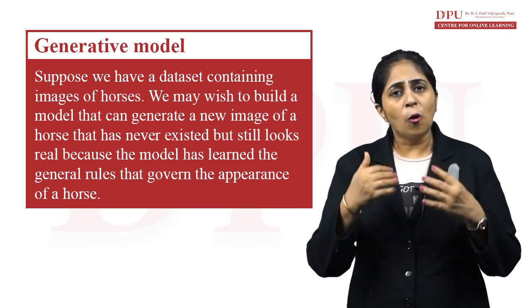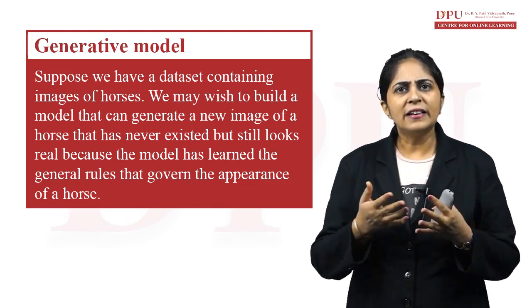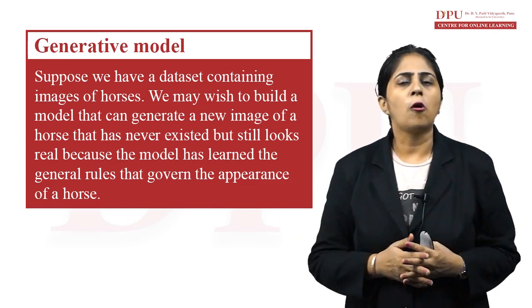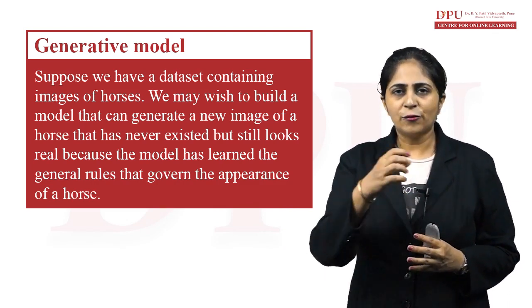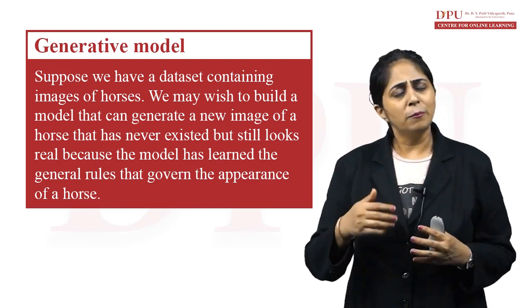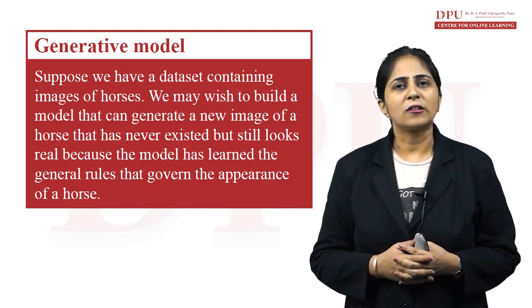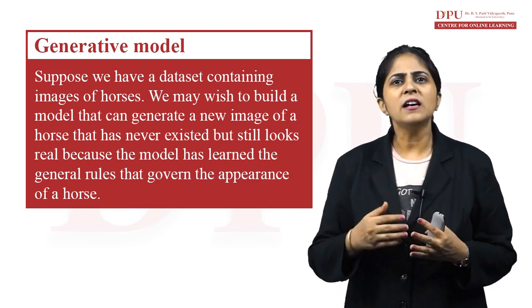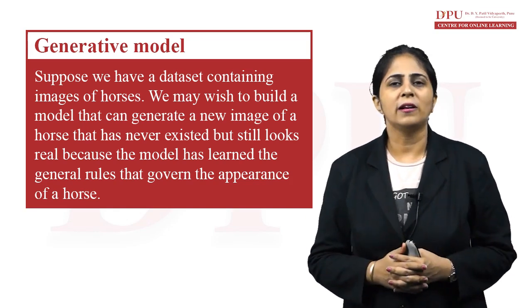Because the model has learned the general rules that govern the appearance of a horse, that is, how a horse appears. Similarly, if we have certain images of horses, new images can be generated because our model has learned how a horse actually looks. So this is a kind of problem that can be solved using generative modeling.